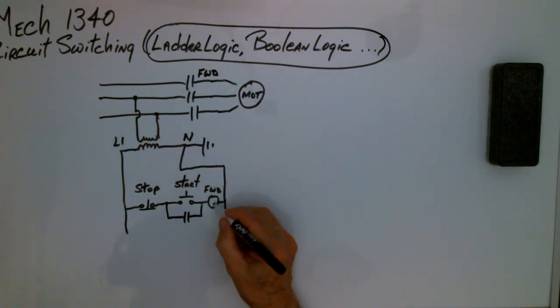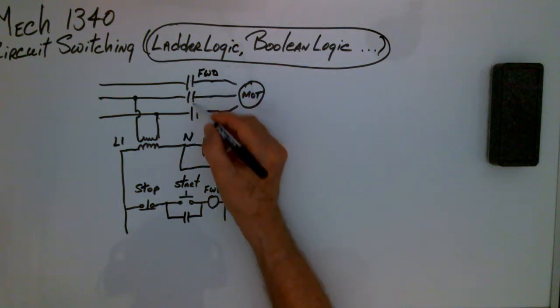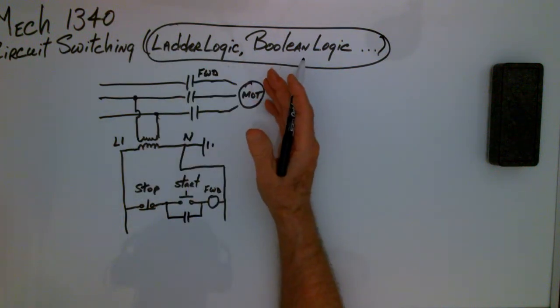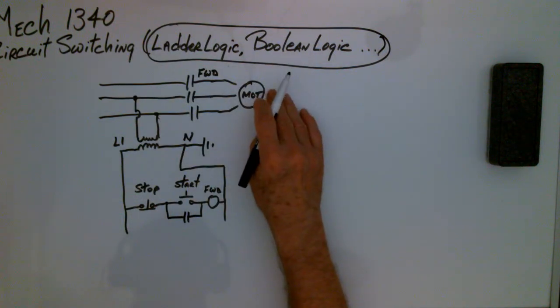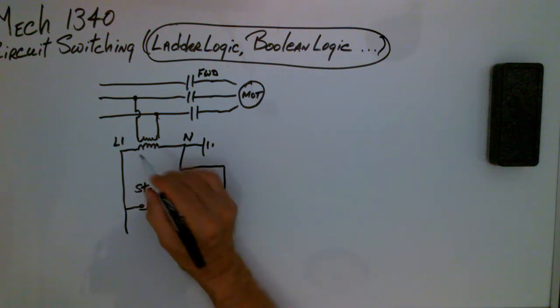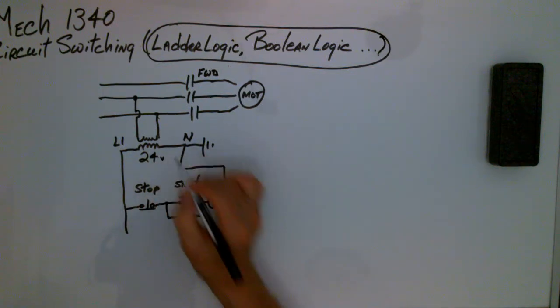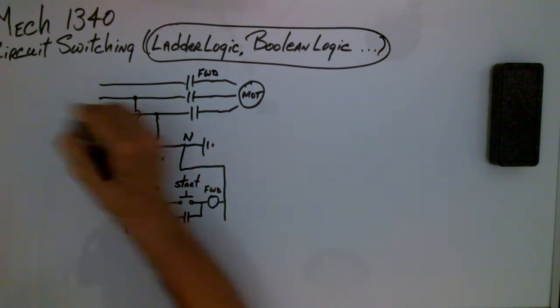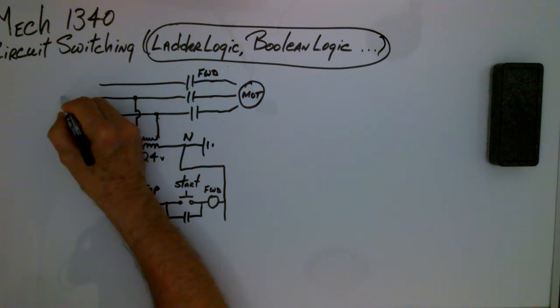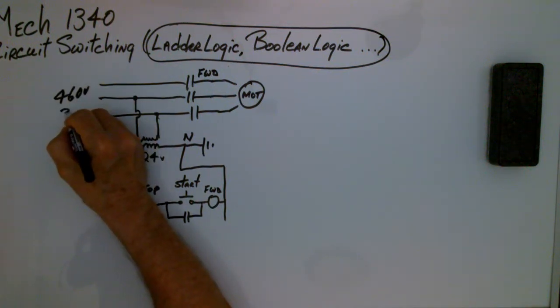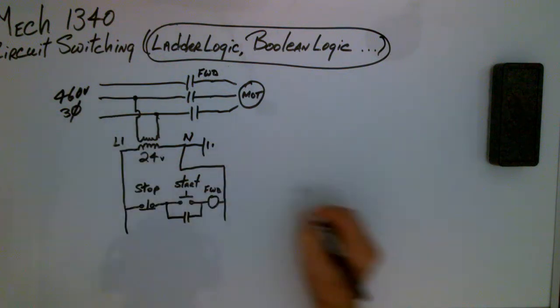And this coil has these three main contacts mounted on it, which actually apply the main power to the motor and make it turn. But everything down here is going to be, let's make it 24 volts in the secondary. Okay, so we've got 24 volts down here, and we've got 460 volts, three-phase right here.